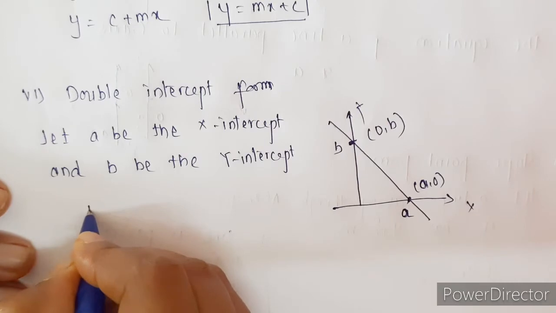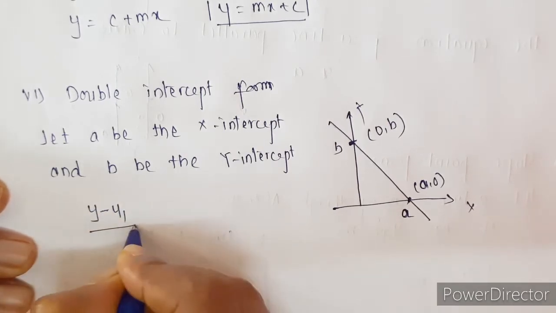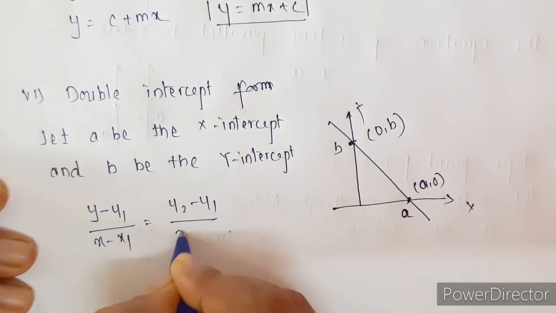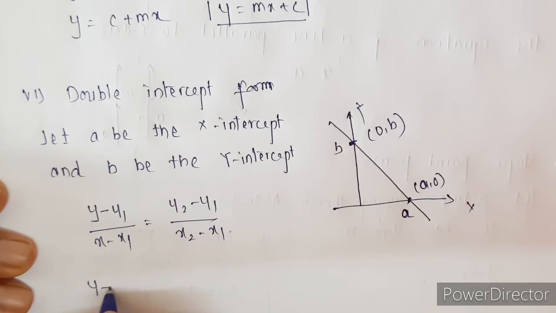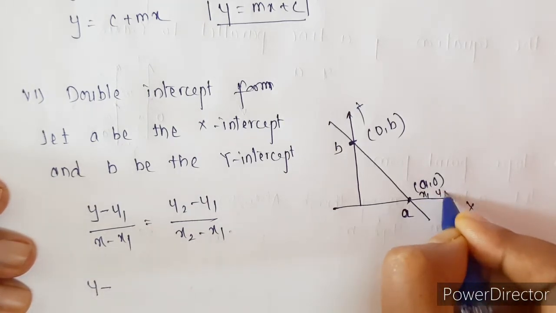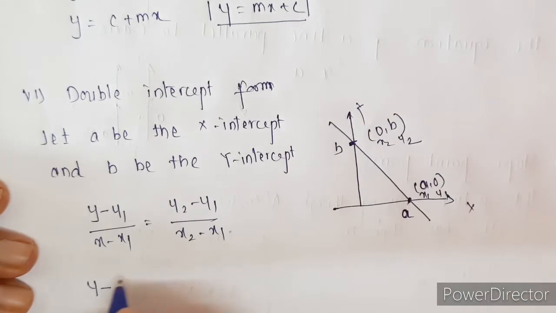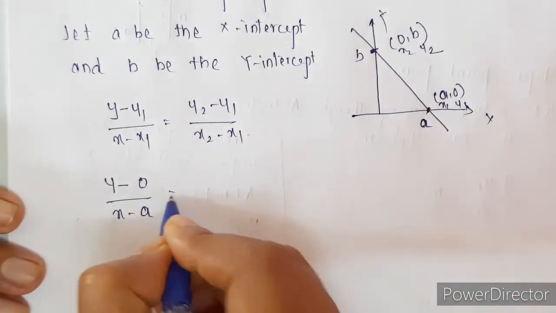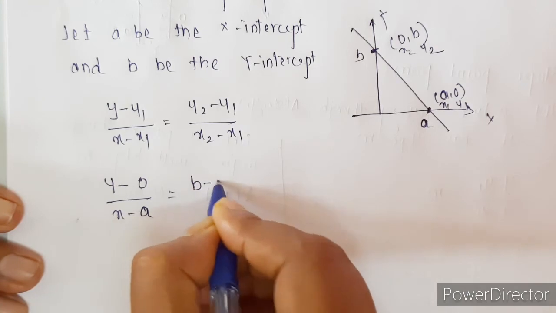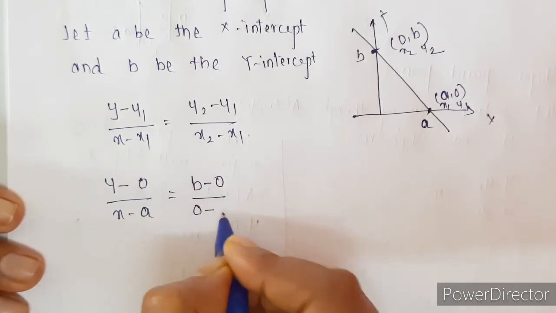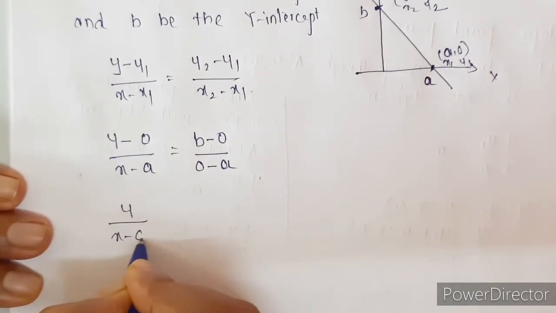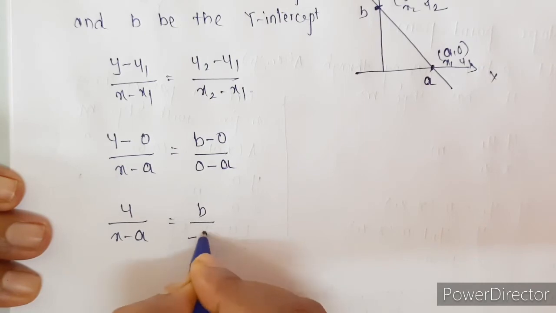The equation of a line is y minus y1 upon x minus x1 equals y2 minus y1 upon x2 minus x1. I am marking this as x1 y1, this as x2 y2. So y minus y1, x minus x1, and y2 is b minus y1, x2 is 0 minus x1 is a. So this can be written as y upon x minus a equals b upon minus a.